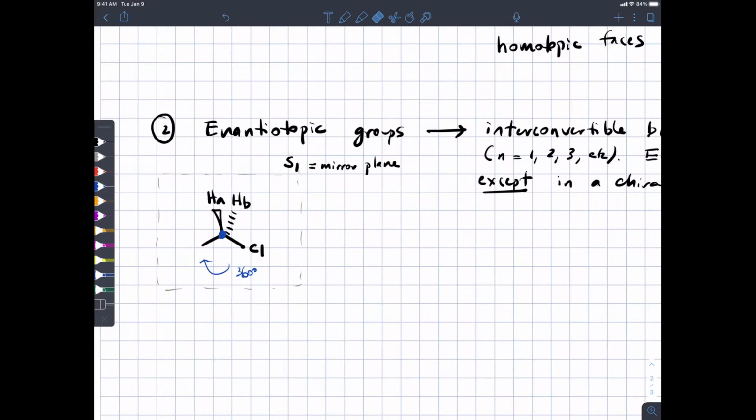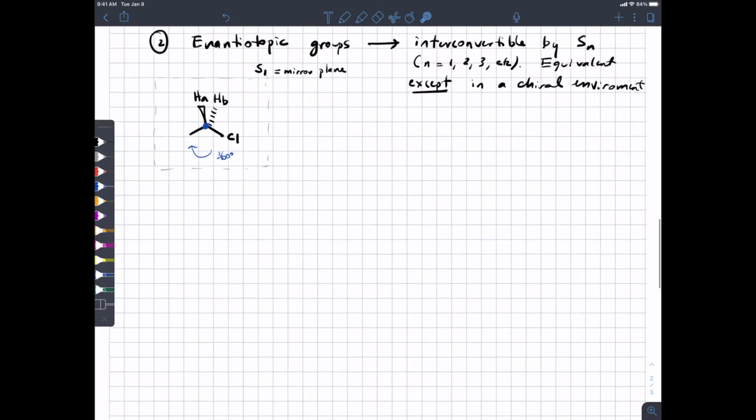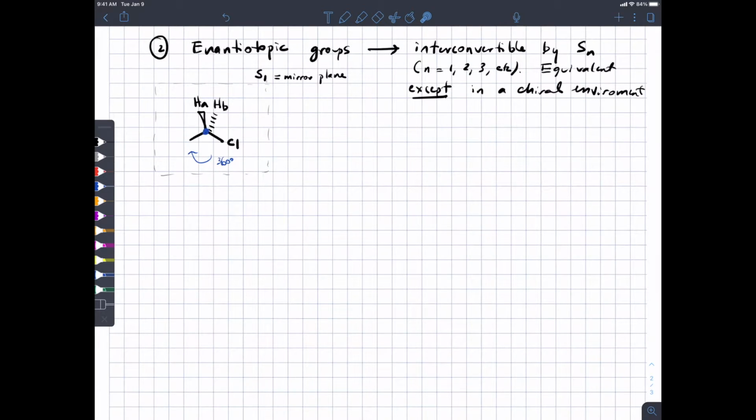So this is important because homotopic protons or groups can't be distinguished by chiral reagents, but enantiotopic groups can. So if you find yourself in a situation where you're banging your head against the wall trying to figure out how to distinguish homotopic groups, don't bother. It can't be done. In contrast, enantiotopic groups can be distinguished.